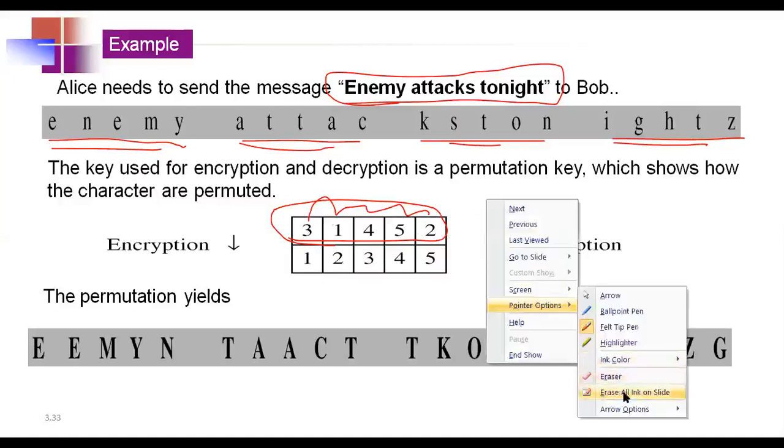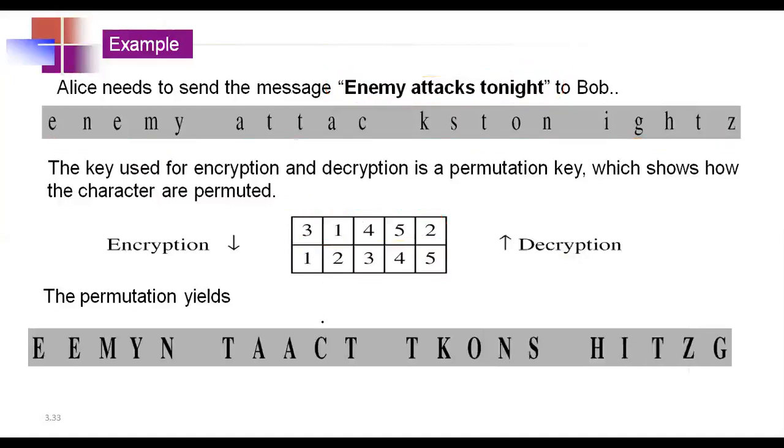Now its meaning is that the character at the first position in the ciphertext is the third character of the plain text.